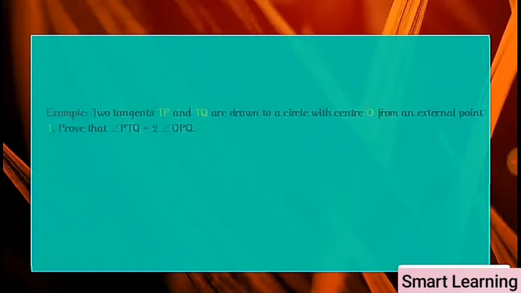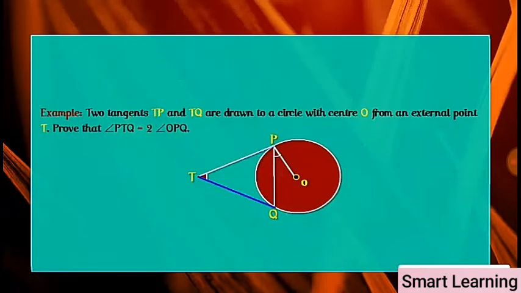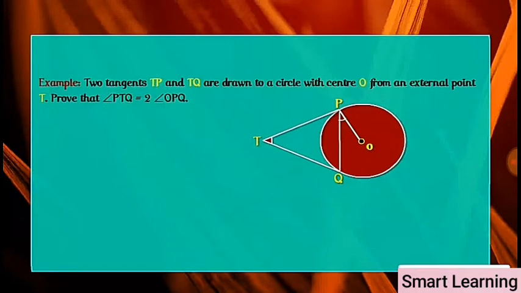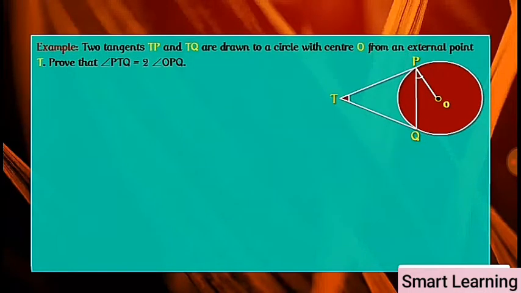Next example is: two tangents TP and TQ are drawn to a circle with center O from an external point T. Prove that angle PTQ is equal to twice angle OPQ. Solution.